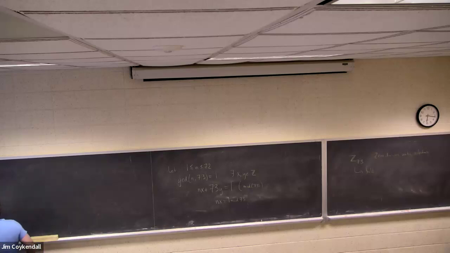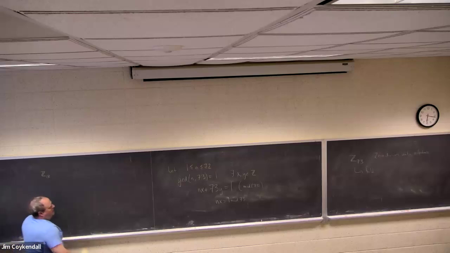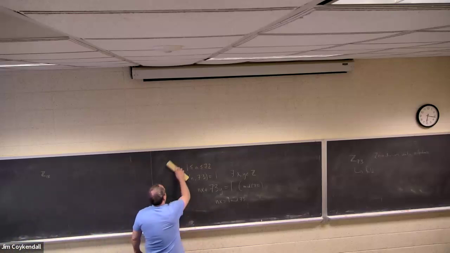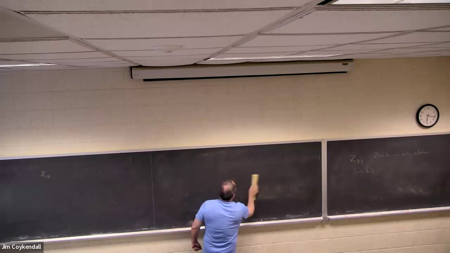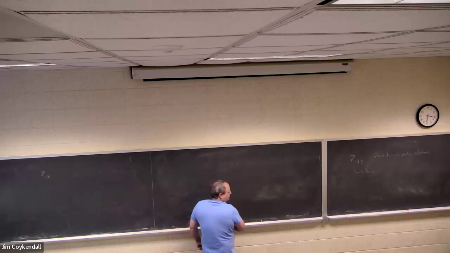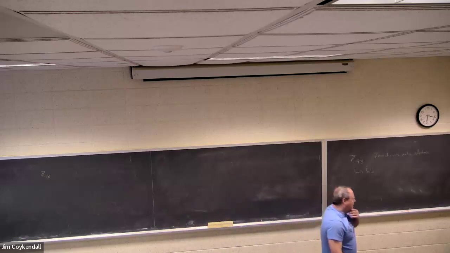Let's look at C18. Now, before I get started, here's the problem. I want to count, and not just count, I want to also list zero-divisors, units, and nilpotent elements, right?